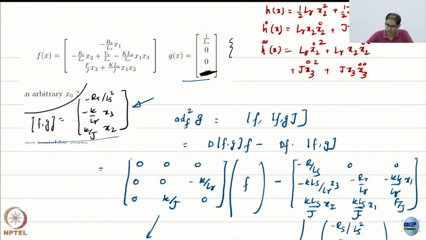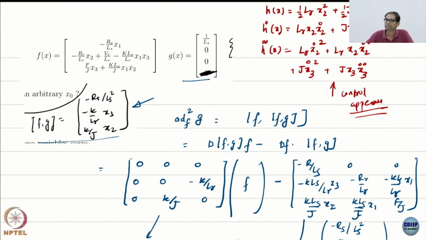Okay, so what did I end up finding? That control appears. Okay, so what is it? Relative degree is what? Did I do this correct, by the way? Should the control be appearing here or in the third derivative? No, this is fine.